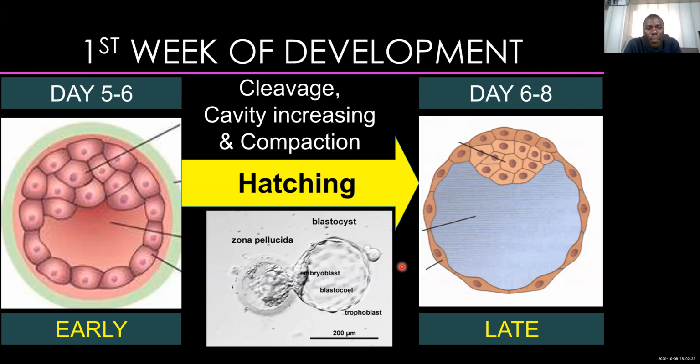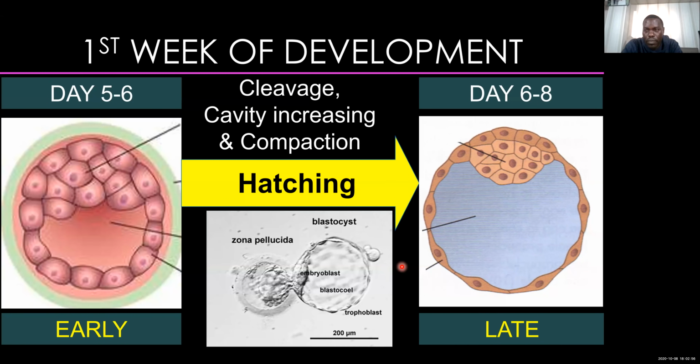Any other difference? Someone to comment on the shape of the outer cells. Anyone? They are stretched.